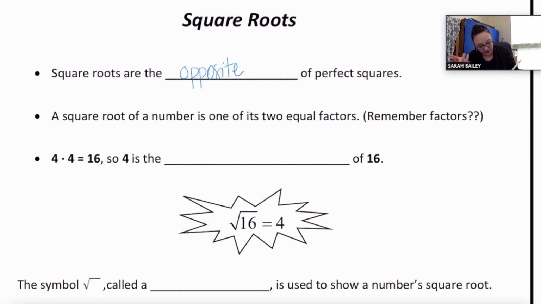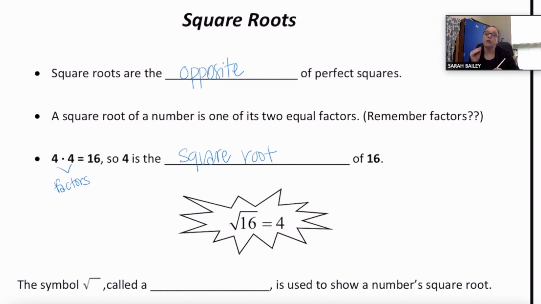So 4 is the factor of 16, and in this case, well actually let's not put factor there, let's put square root there. The 4 would be the square root of 16 because both of those 4's are factors. Let's write it right there.